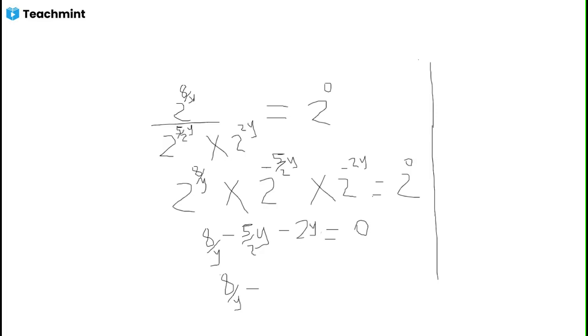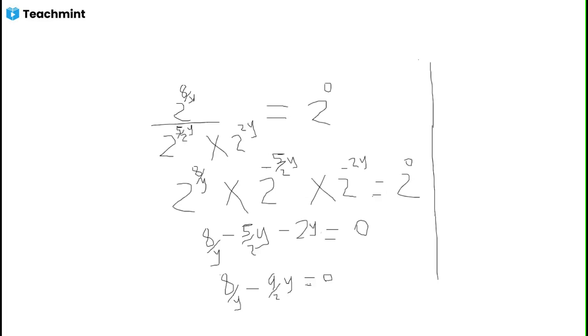Are you sure? Negative 5/2y minus 2y is the same as adding, because I have minus, then minus. 5/2 is equal to 2.5.